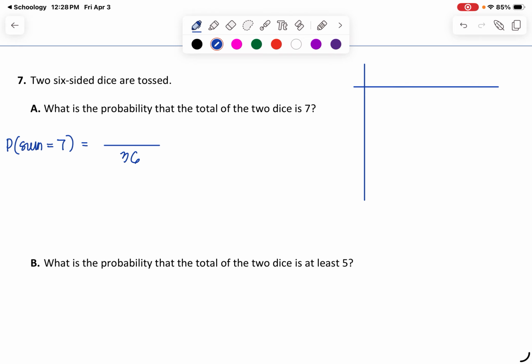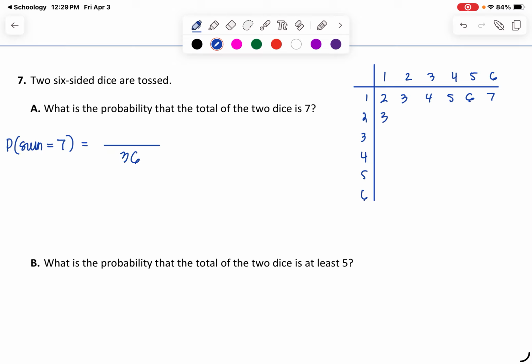Okay. All right, so I don't know why I made it like this, but I'm going to anyways. So 1, 2, 3, 4, 5, 6 for my first die. 1, 2, 3, 4, 5, 6 for my second die. So the sum here is 2, 3, 4, 5, 6, 7.